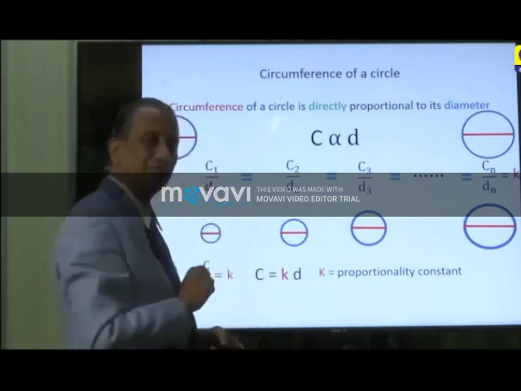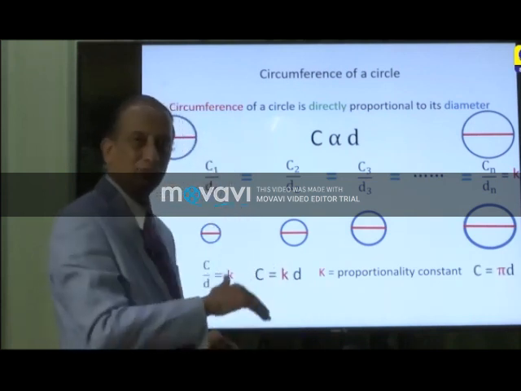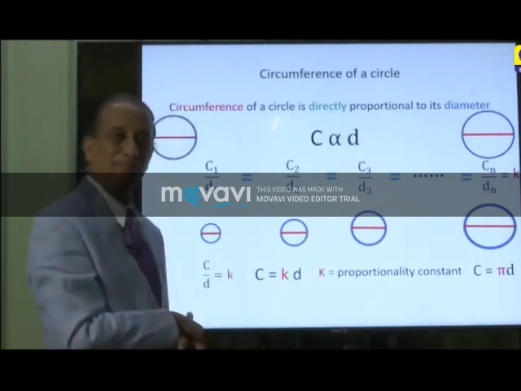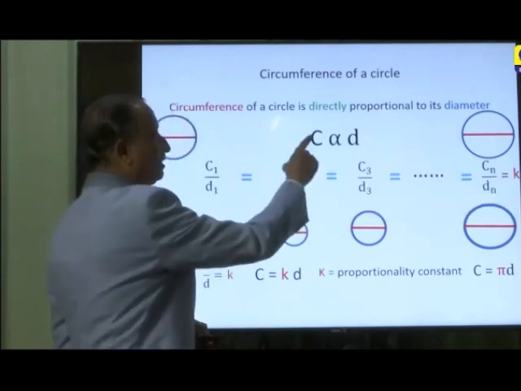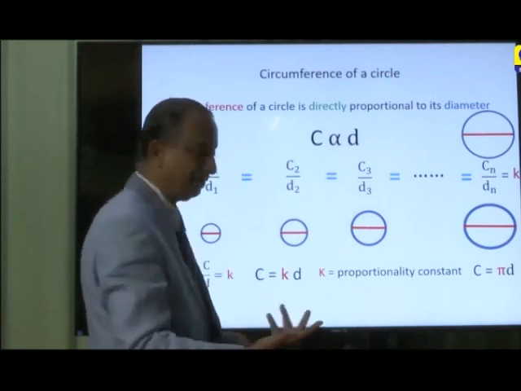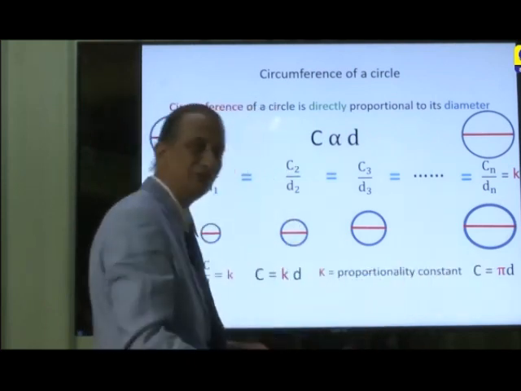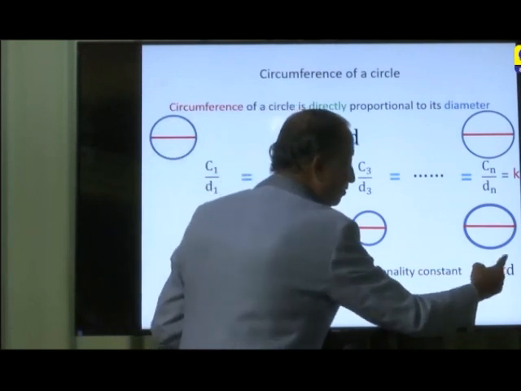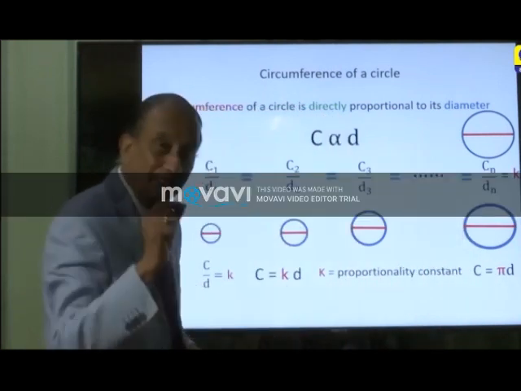Now, instead of this K, we are using a Greek alphabet, that is pi only. So, therefore, C is proportional to D, or we can say this in the form of an equation: C is equal to pi into D. What does it mean?